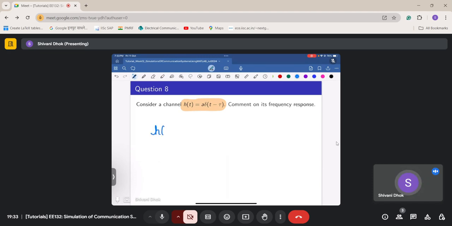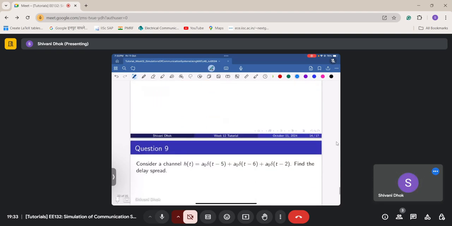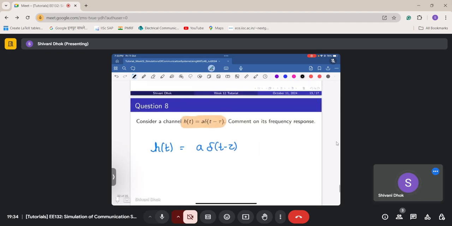So h(t) is A into delta(t minus tau), where this delta is the unit impulse.